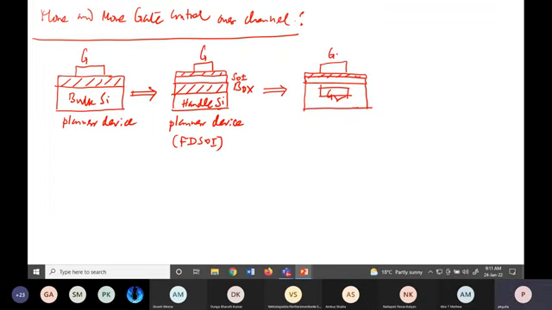So this is the double gate device. As we go towards the right, along the arrow, we are having more and more control. This is the double gate structure.